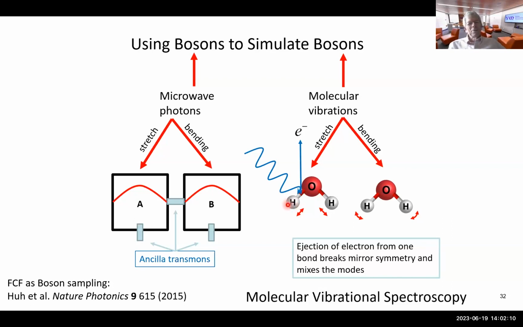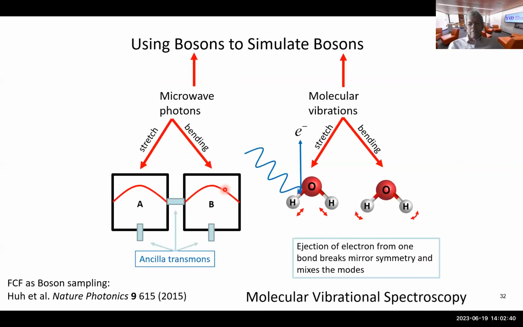And also the spring constant probably changed. And because you only ejected the electron from one arm and not symmetrically, that mirror symmetry that protected this stretch and bending modes is gone, and they tend to coherently mix together. And we're going to model that with a beam splitter, which coherently mixes these two modes, okay?